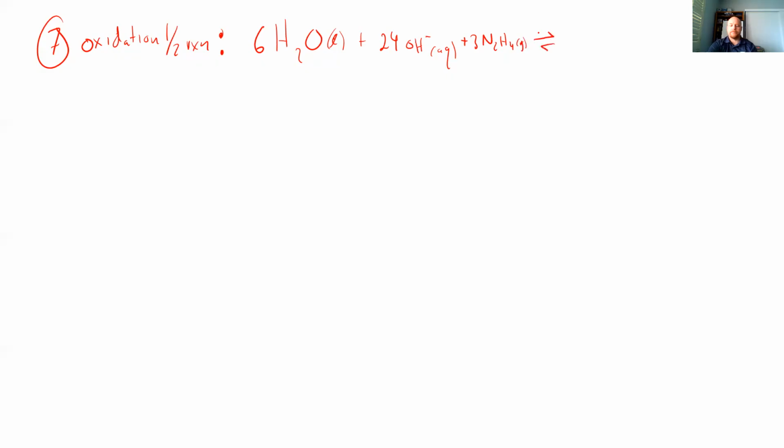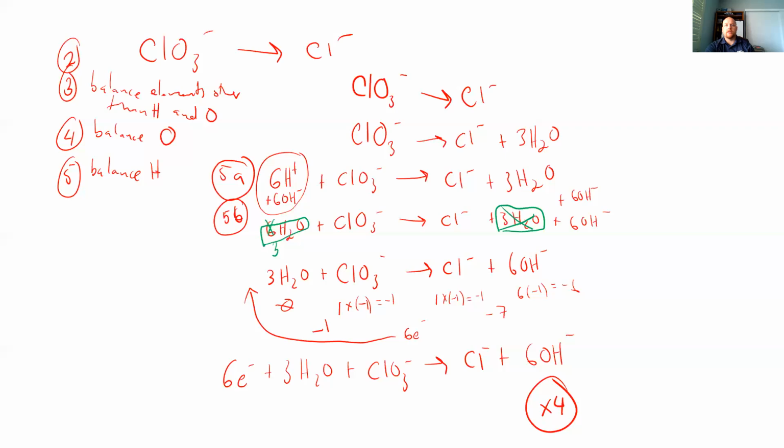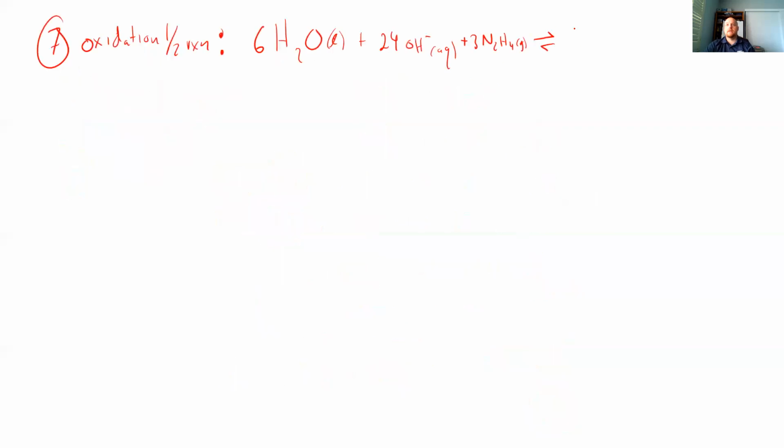Reacts to form. We've got 6 NOs, 24 waters, and 24 electrons. Okay, now for a reduction half reaction.